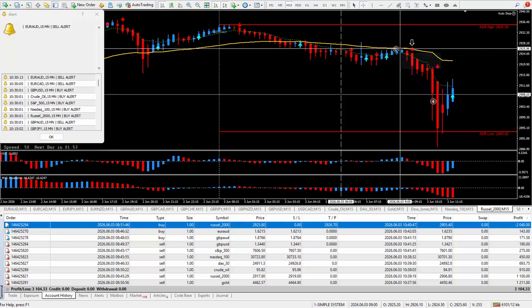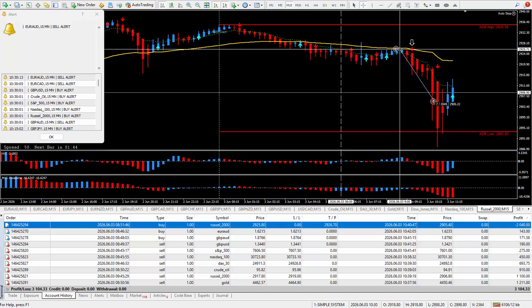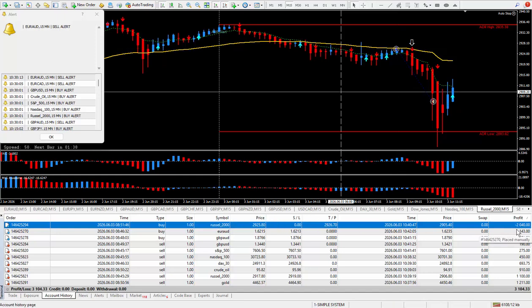Due to the fact that it pays $10 for each tick, looking at the money, this is a negative 204. That's a minus 204 ticks, negative $2,040.